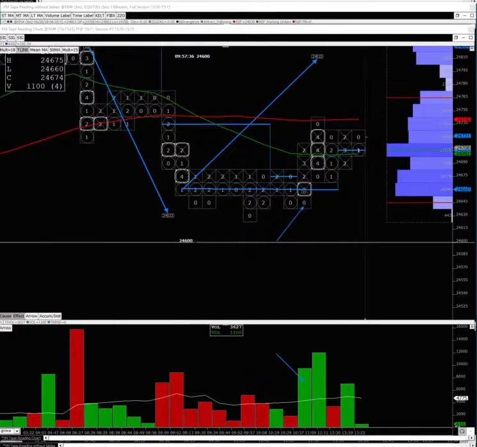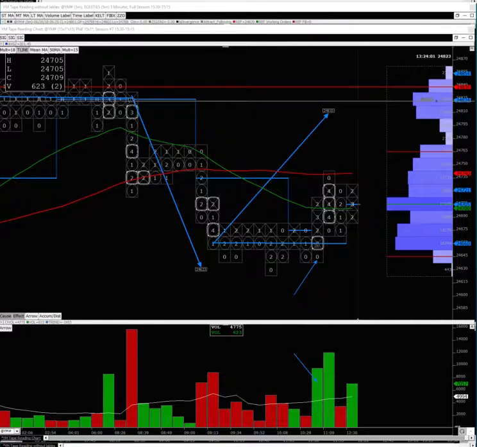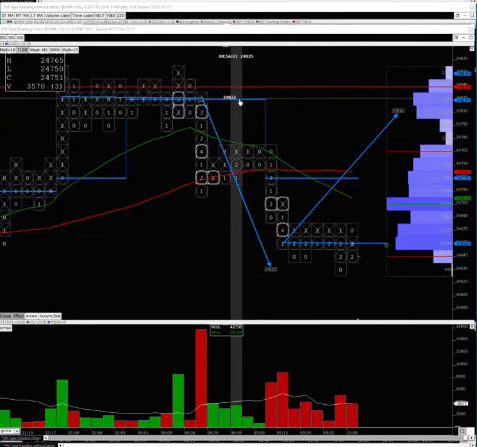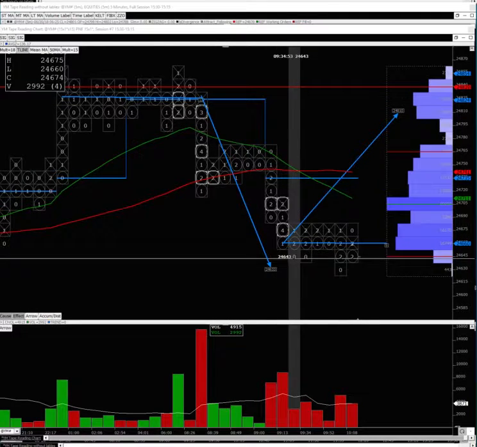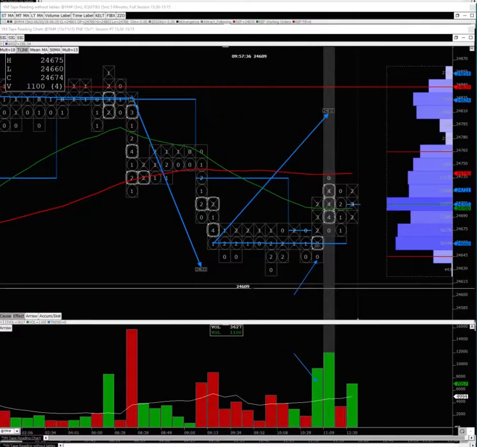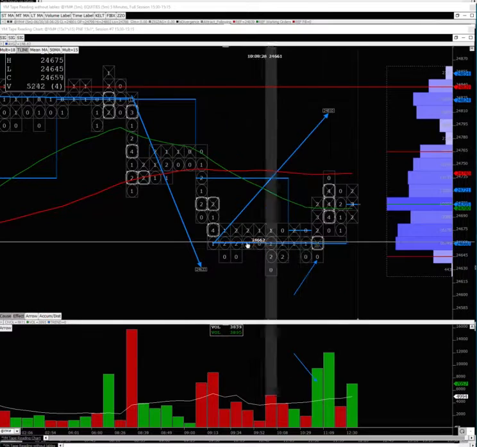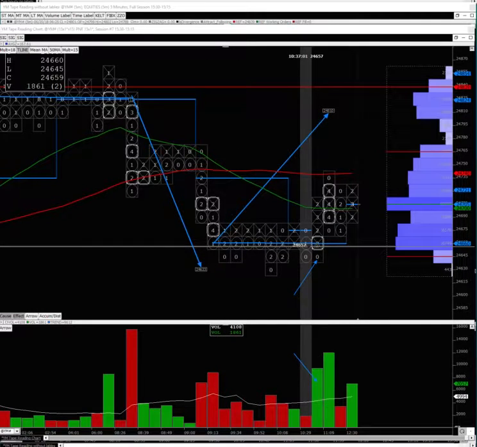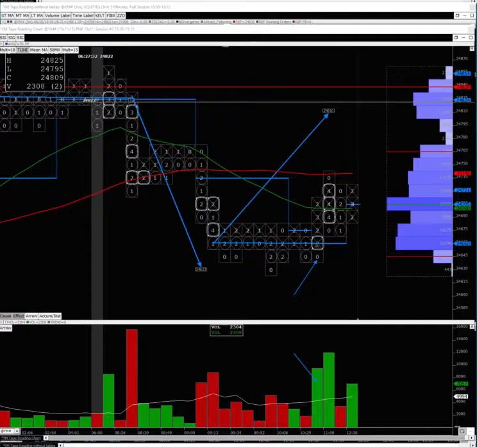It was higher than the distribution volume up here, which was 11,645. Distribution was about 11,645, and look at the damage it did. So that's the distribution up here, and then they broke it down, and then all of a sudden 16,749 built up at this point, which is more accumulation than that initial distribution.